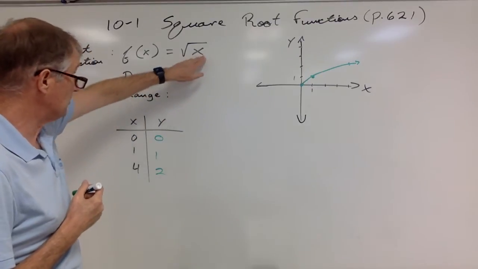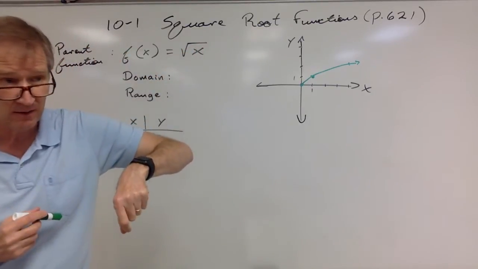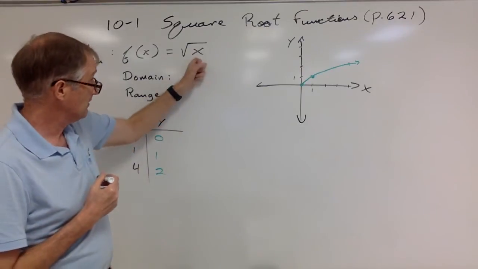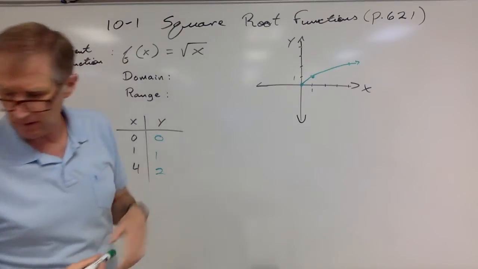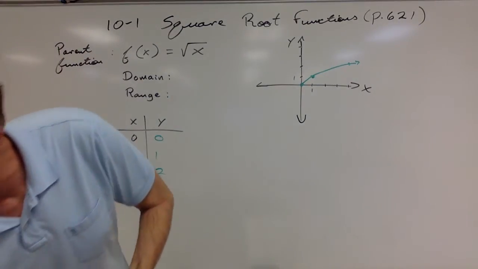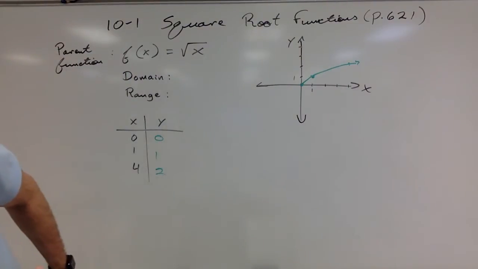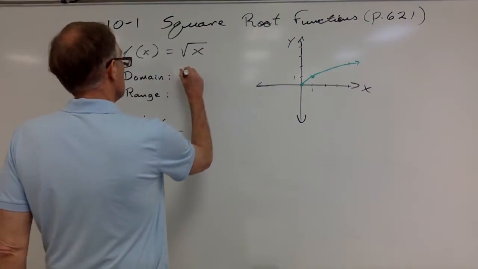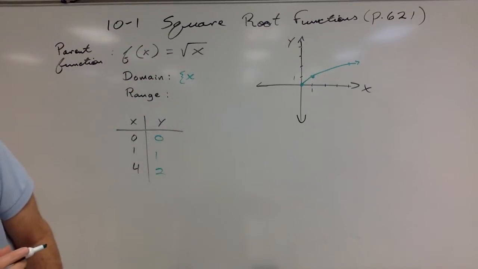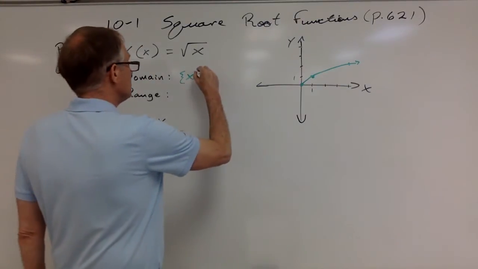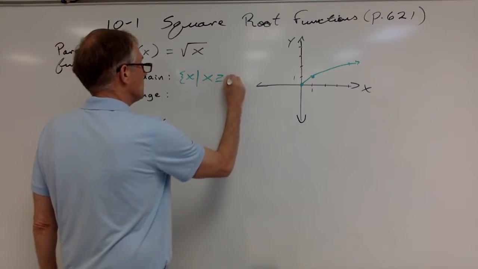The domain is such, what can x be? Well, it can be anything 0 on up. It just can't be negative. So the way that they write the domain is always a little funky, but here's the important part right here. x is greater than or equal to 0.